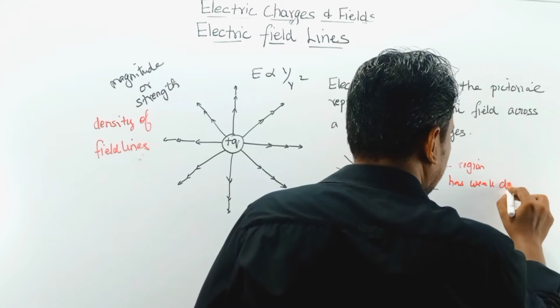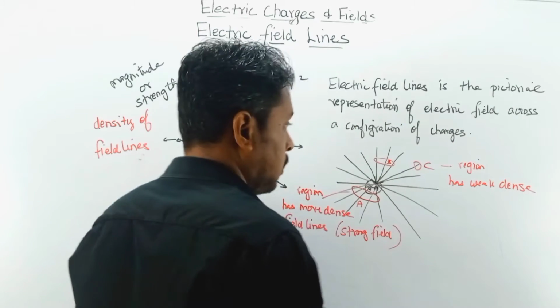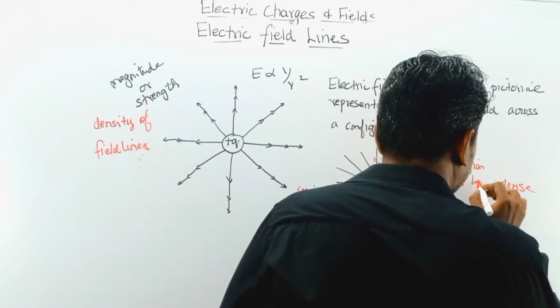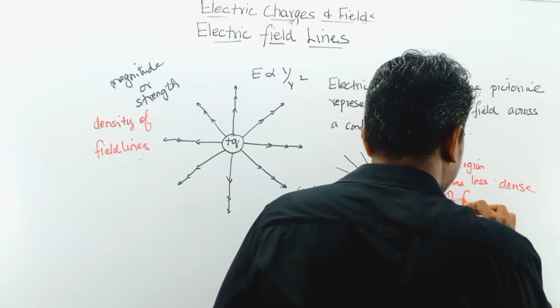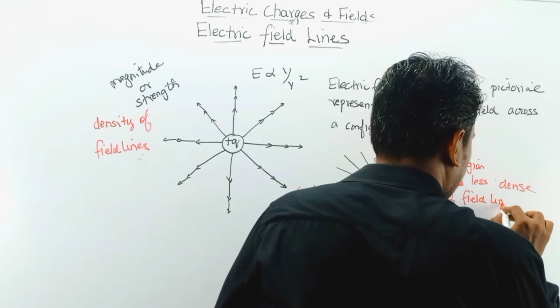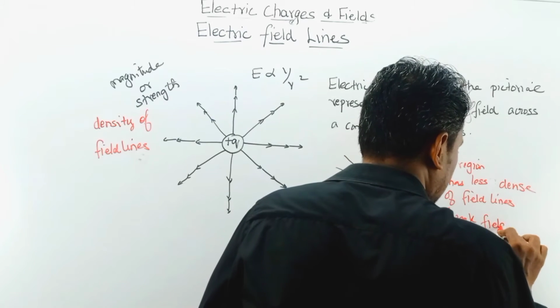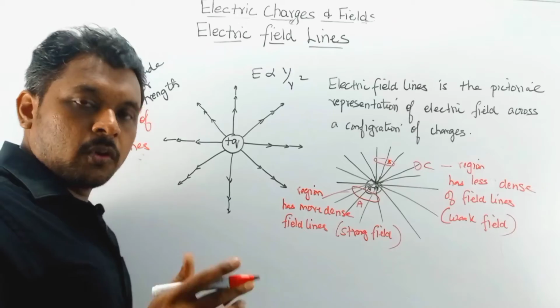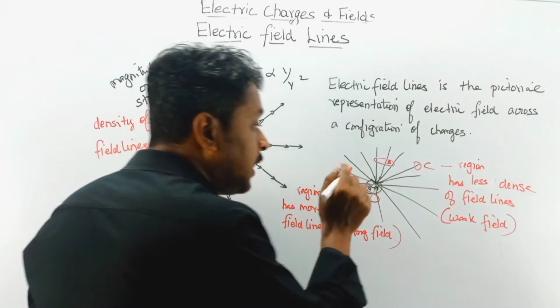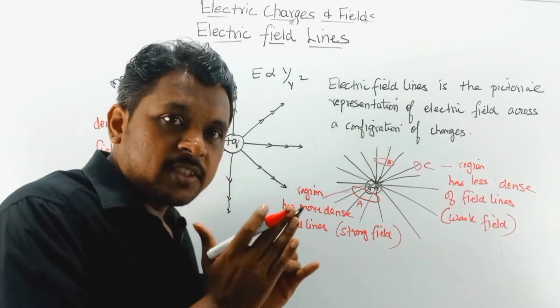With respect to C, this region has less dense field lines. Less dense field lines represent a weak field. You all know that the field lines nearer to the charge are more dense.